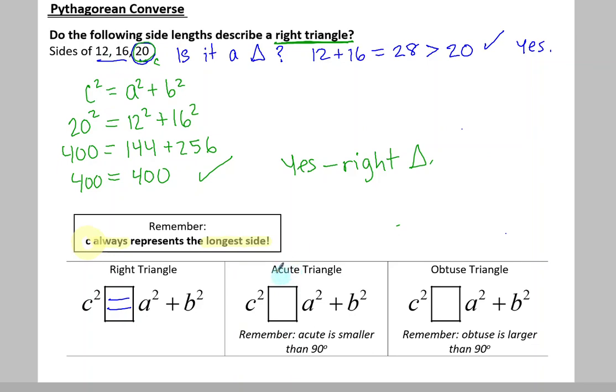It will make an acute triangle if C squared is less than A squared plus B squared. Remember, acute angles are less than 90 degrees, and in an obtuse triangle, where obtuse angles are greater than 90 degrees, C squared has to be greater than A squared plus B squared.